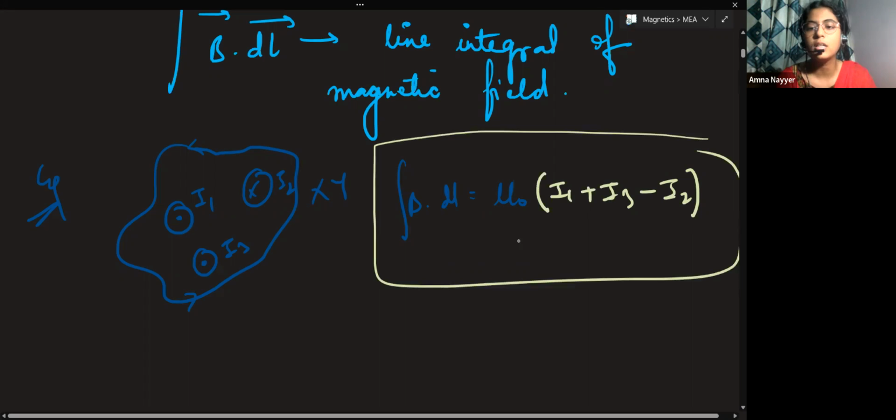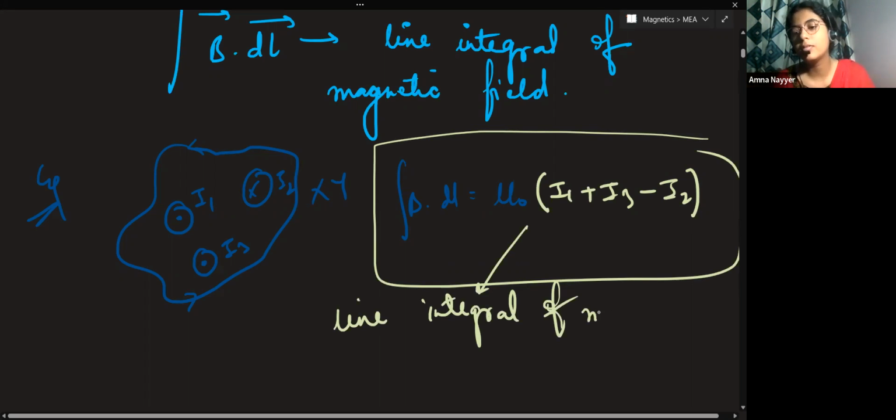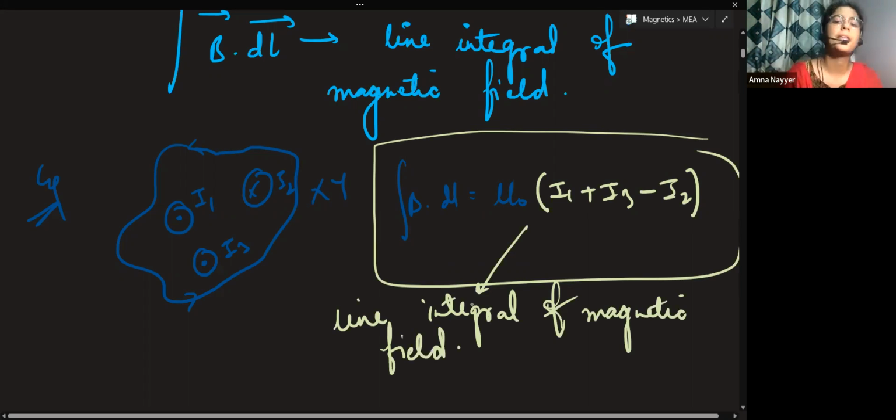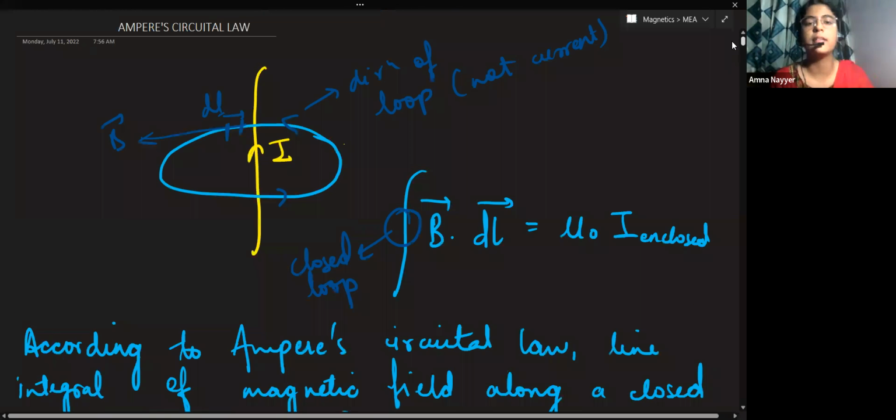And this is the line integral of magnetic field. So just note it down, then we'll see what all things are left.